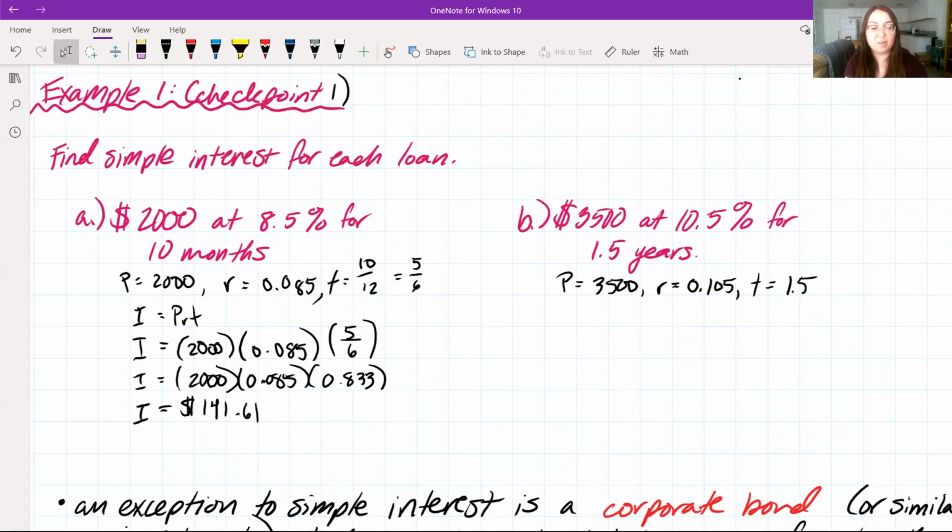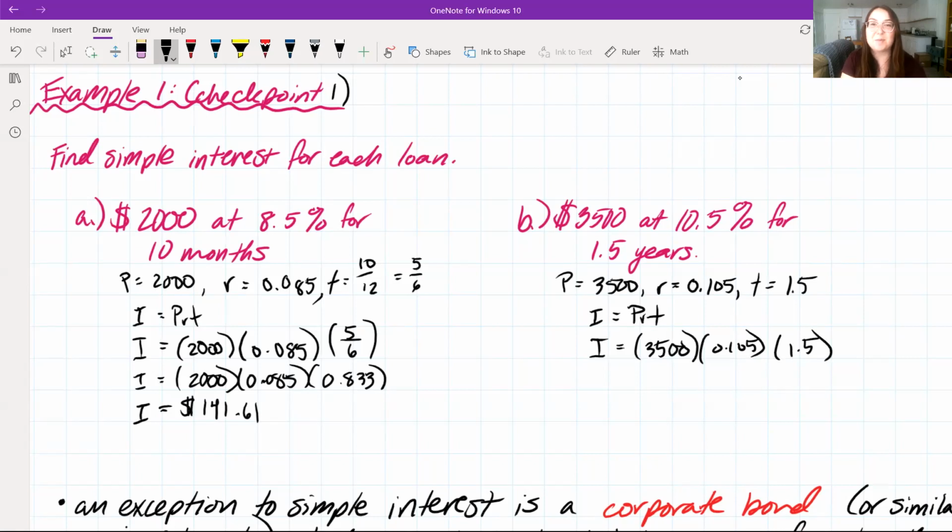All right, so now we have all of our values. We know our equation is I is equal to PRT. And now we just want to plug everything in. So we get I is equal to our principal value of 3,500 times our rate, which is 0.105, and our time, which is 1.5.